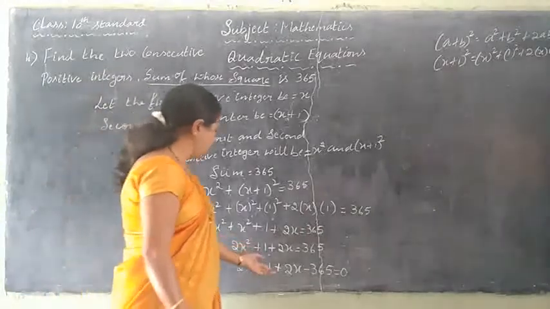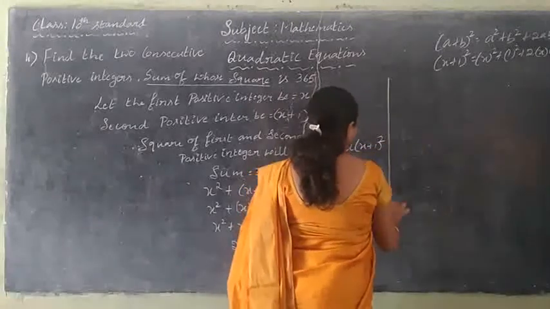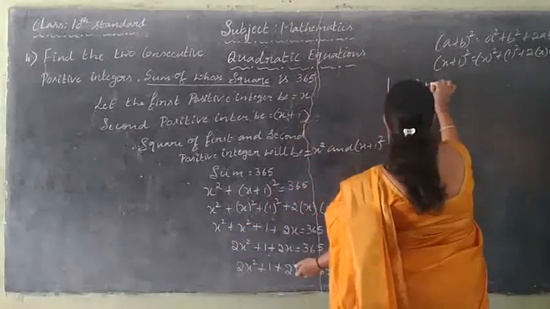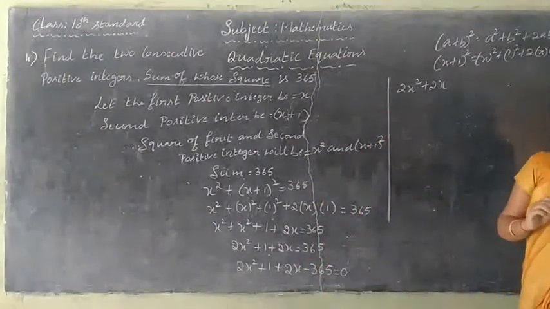Now, write out 2x square as this. Then plus 2x, and from minus 365 subtract 1, children. What are you going to get?